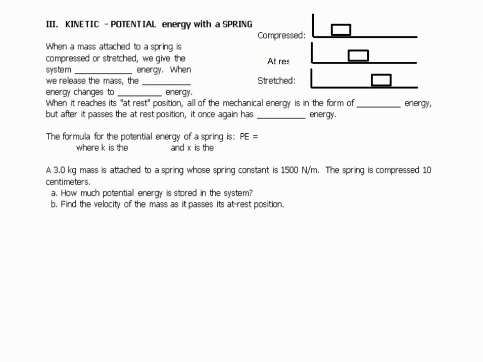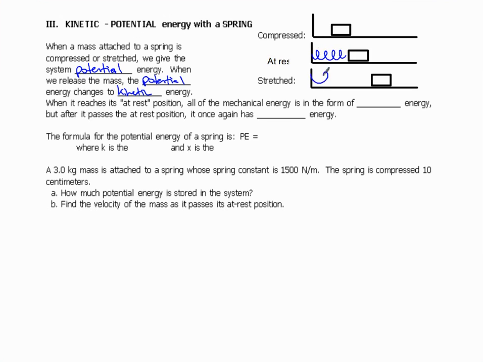The last piece is the kinetic and potential energy with a spring. When a mass is attached to a spring that's compressed or stretched, we are giving the system potential energy. When we release the mass, the potential energy turns into kinetic energy. Here's my at-rest spring.